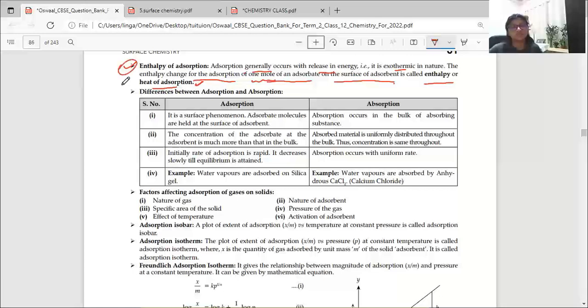Is it clear or any doubt? It's clear, sir. Right. Now the difference between adsorption and absorption. Already we discussed: adsorption is a surface phenomenon, absorption is a bulk phenomenon. In adsorption, the concentration of the adsorbate at the adsorbent surface is much more than in the bulk.